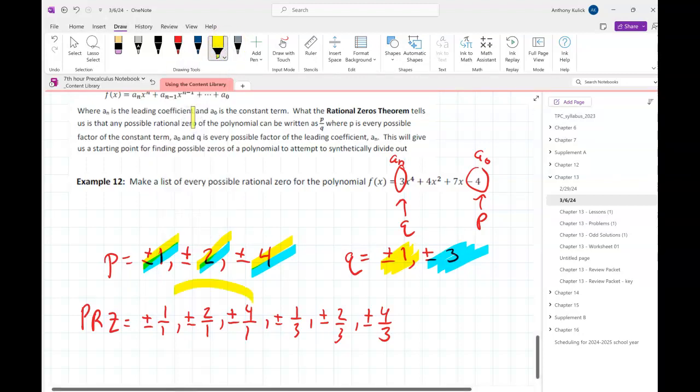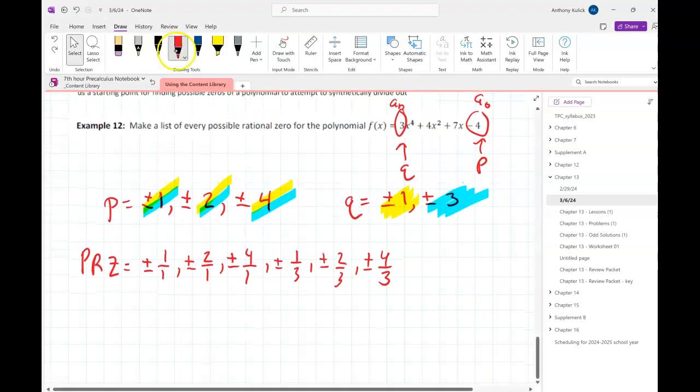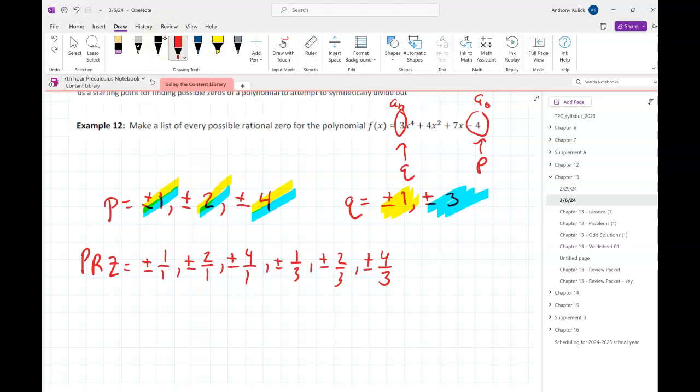Now, in practice, I would just write that as plus or minus 1, plus or minus 2, plus or minus 4. There's no sense in being weird about that. But in reality, if these lists get long, like if you have a lot of factors of p and a lot of factors of q, enumerating this is super annoying. So you are welcome to write that same list this way.